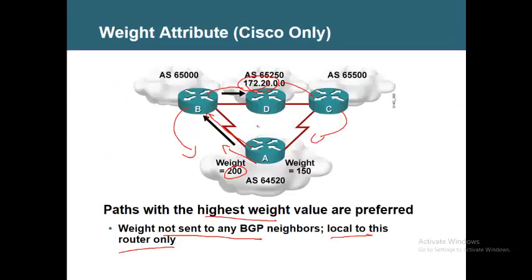But what we have seen so far, like local preference, AS path, MED, weight, origin, these are the attributes that are tunable. These are the attributes which most of us will always be using in order to achieve the BGP path as per the policy.